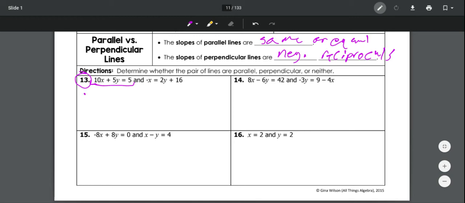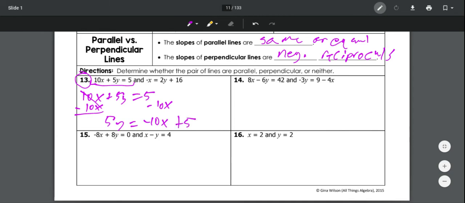So I've got 10x plus 5y equal to 5. I want it to be y equals mx plus b. So the first thing I need to do is move this 10x to the right. So that's going to give me 5y equals -10x plus 5.